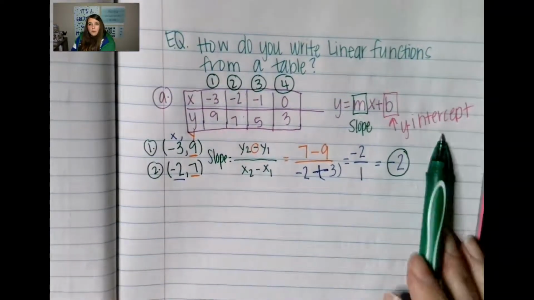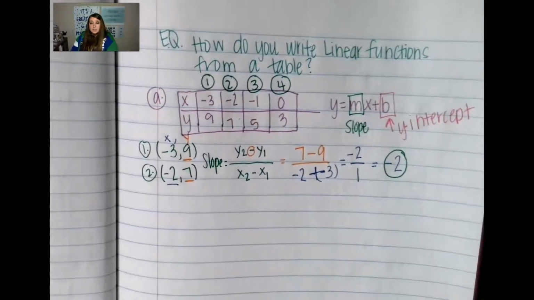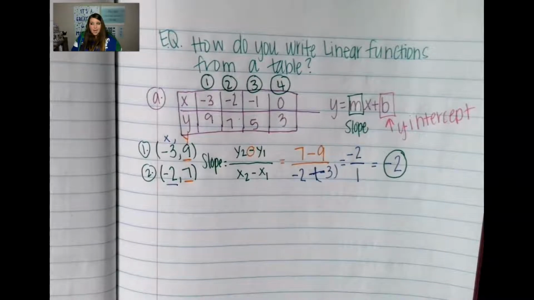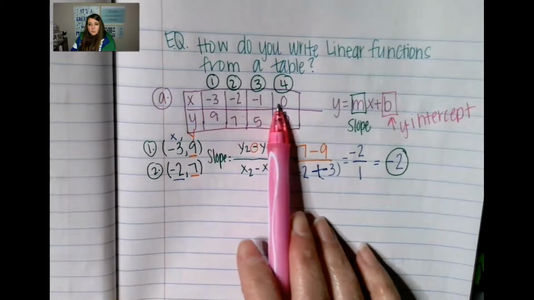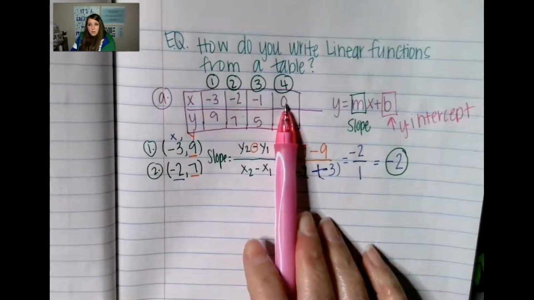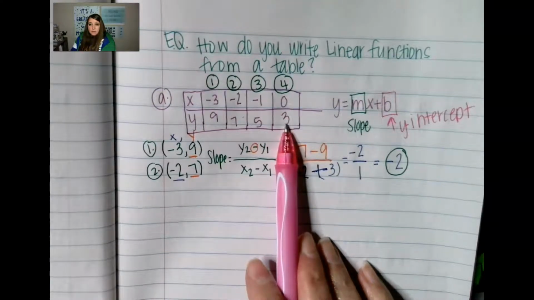But what about my y-intercept? Well, we remember from our previous lesson that our y-intercept is where x equals 0. So I'm going to look in my table, and where I see that x equals 0, right here, my y-intercept then is 3.